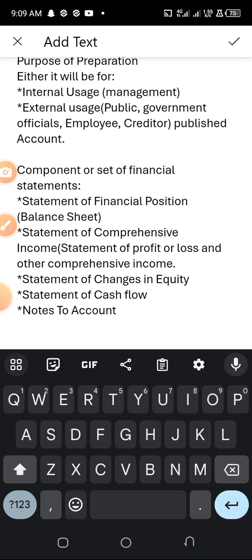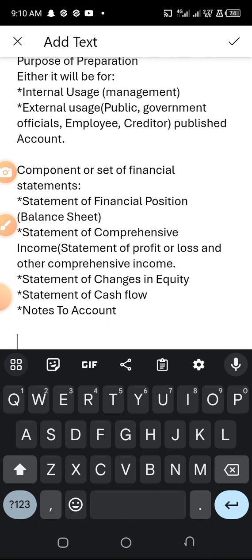So each of them talks about what is expedient as a financial statement, what a financial statement document should contain for a reporting entity. The statement of financial position talks about the balance sheet, that is the net asset of a reporting entity.